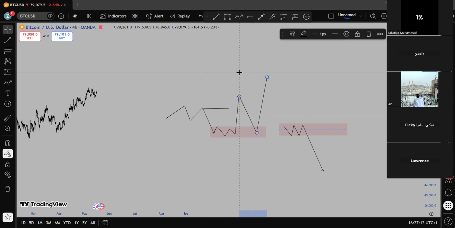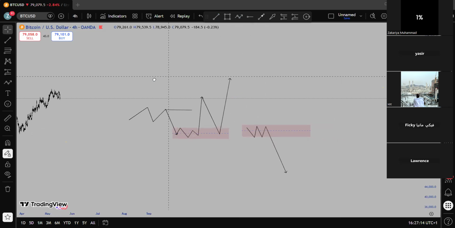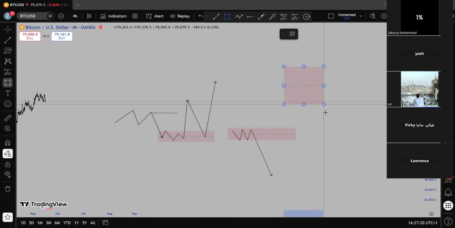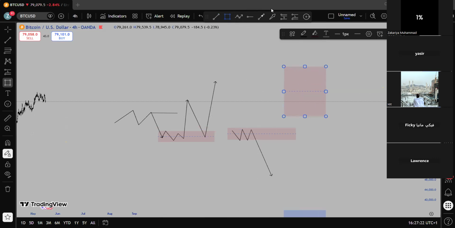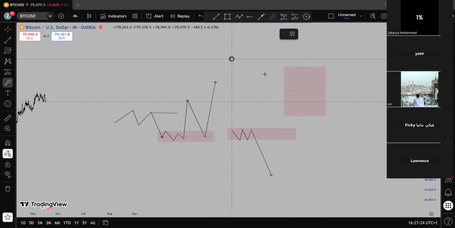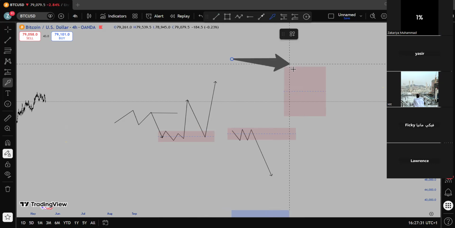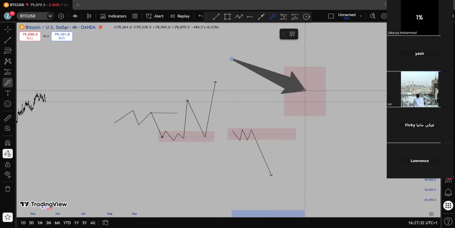So the psychology behind an order block is this. Let's say, for example, you come to your house by 10 p.m., and you find out that your dad closes his door by 10 p.m. When you come back tomorrow at that same time, 10 p.m., what do you expect? Can anyone answer me?